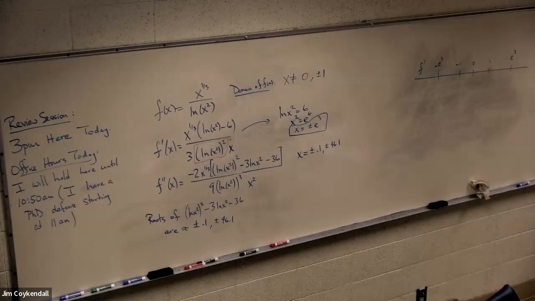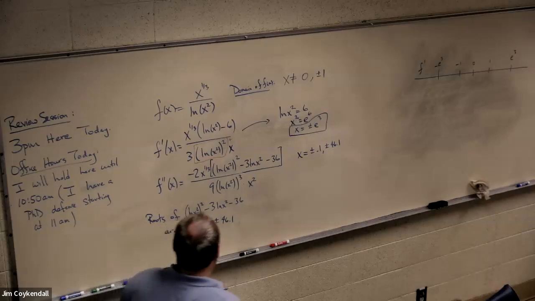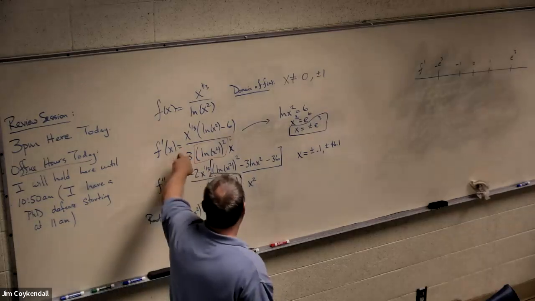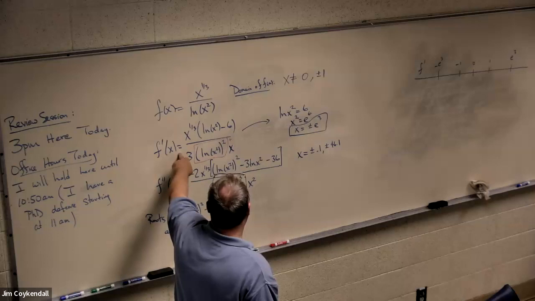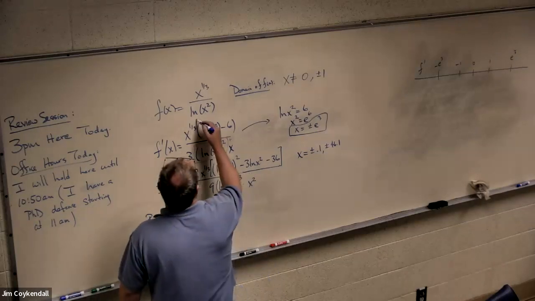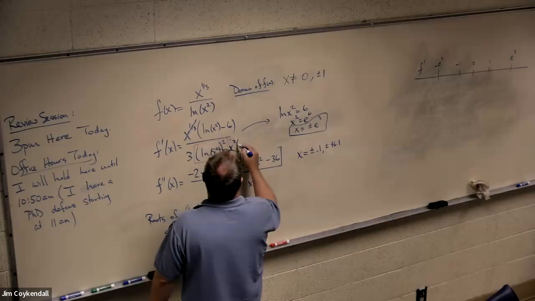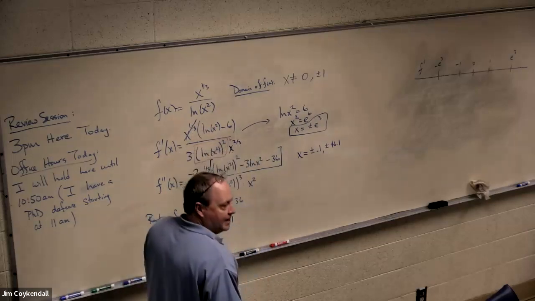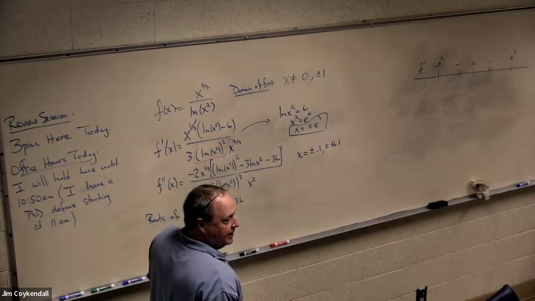If I did this right, can anybody? Yeah, looks like you can do that. There's a way that I can simplify this and make this a little bit better. Can anybody tell me what it is? I can actually cancel this. Perfect.